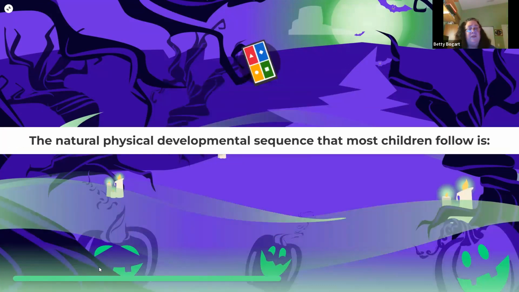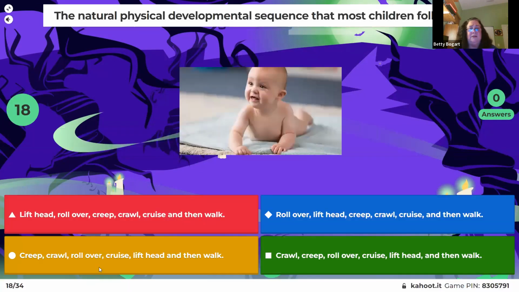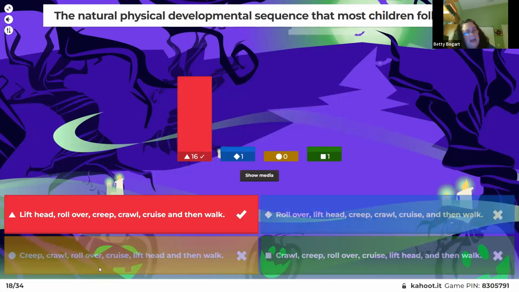The natural physical developmental sequence that most children follow is what? So this is actually gross motor, okay? This is movement. What's the first thing an infant does? And that will be your answer. So they lift their head up.